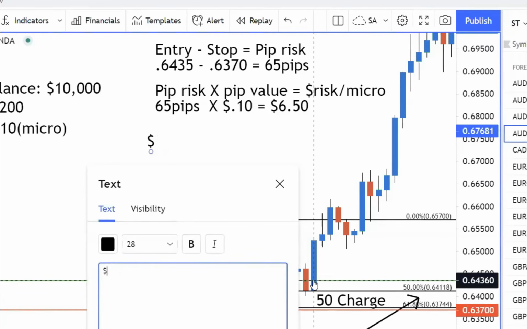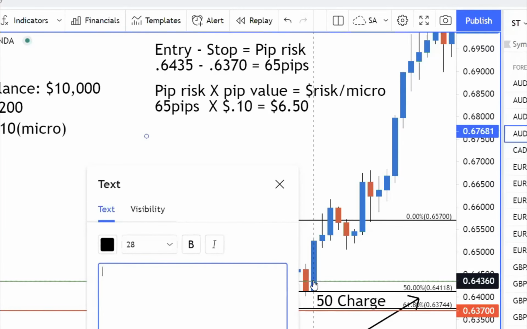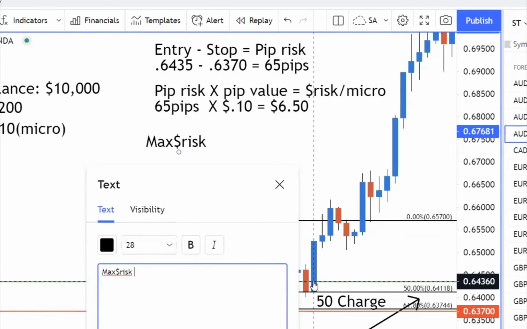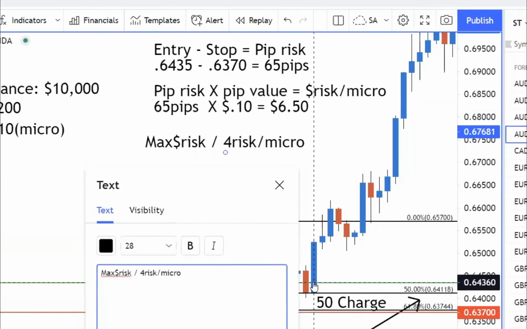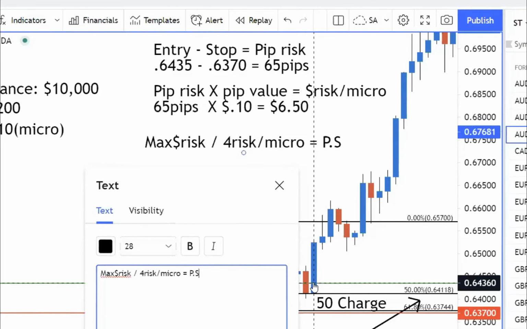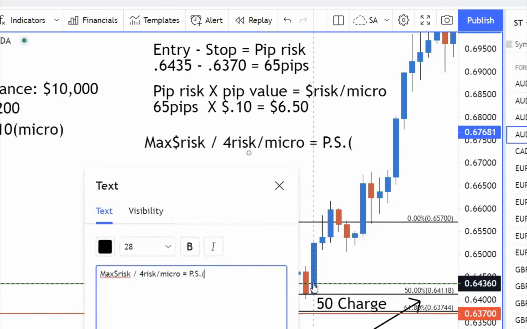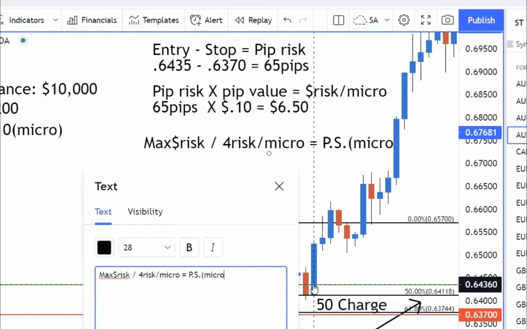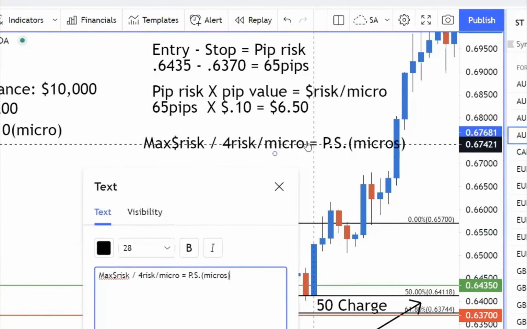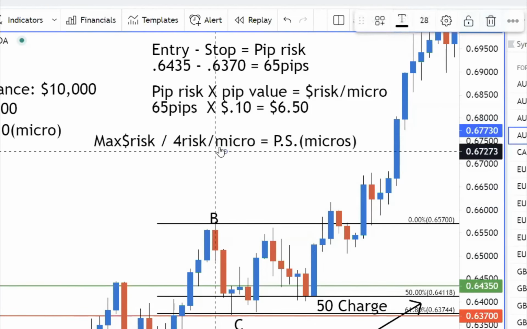Actually, before I do that, why don't I do max dollar risk divided by the dollar risk per micro gives us our position size in lots, the actual micros there.